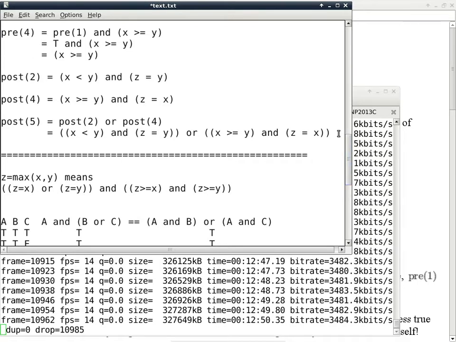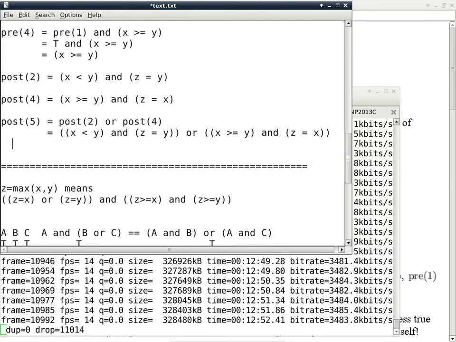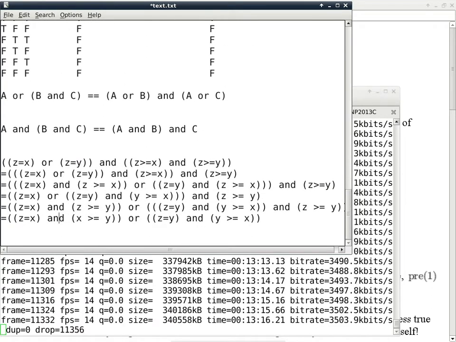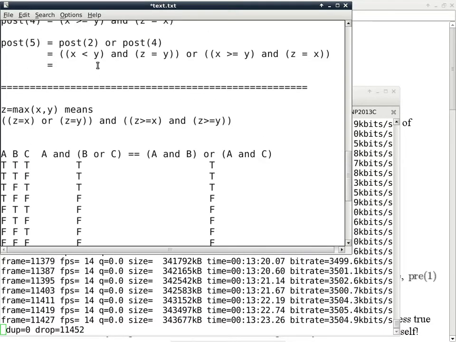Well, we can also work on this one here. We're actually closer now. So we'll go ahead and change this one instead. Okay, we want to make this look like this one here.